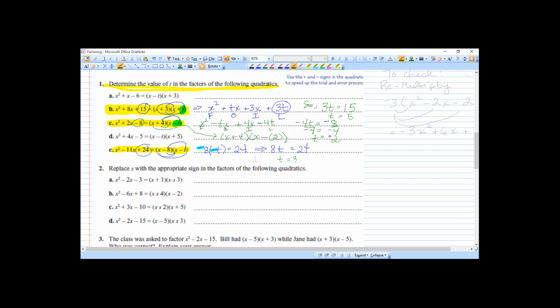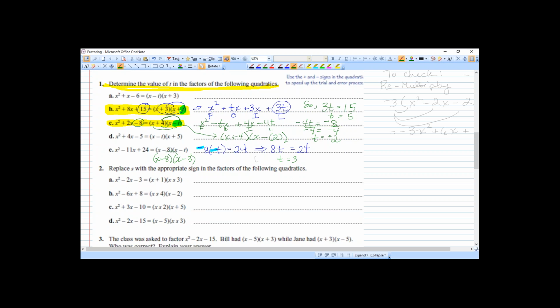So t is 3. So let's plug that into where the t is in the problem and see what we get. We'll practice our FOIL and see what we have there. We would have x minus 8 and then x minus, and it's positive 3, so we just put the 3 just like it is. So let's multiply it up and see what we got.